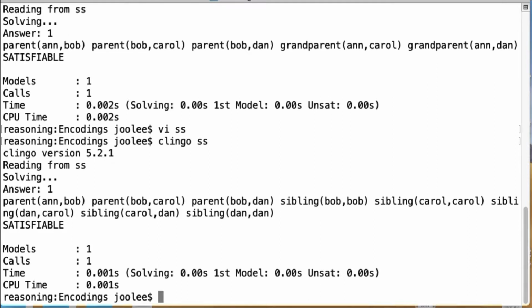That does not make any sense, right? You don't say that. Carol too. So this is wrong, but actually there's nothing wrong with Clingo, right? Because Bob has the same parents as Bob.